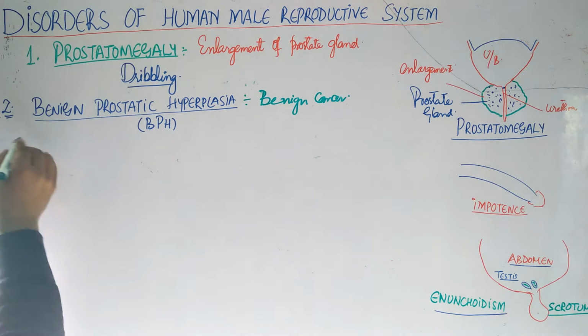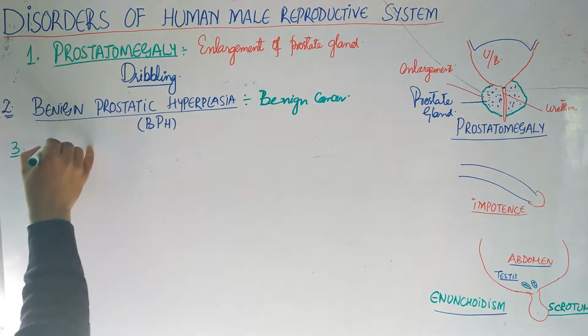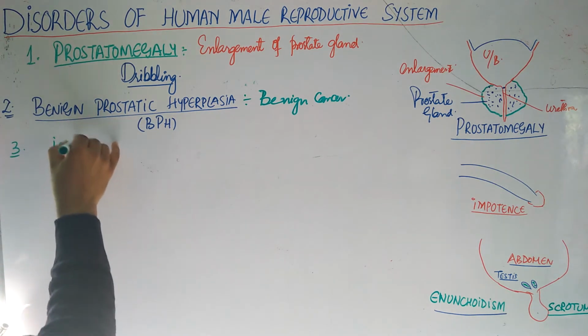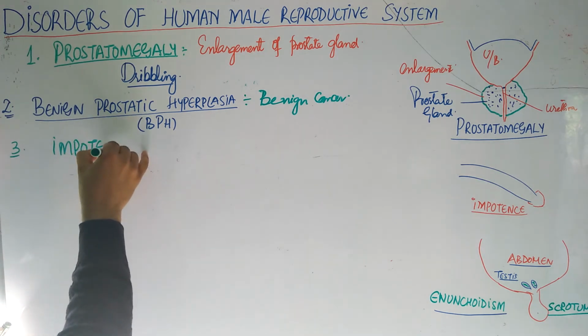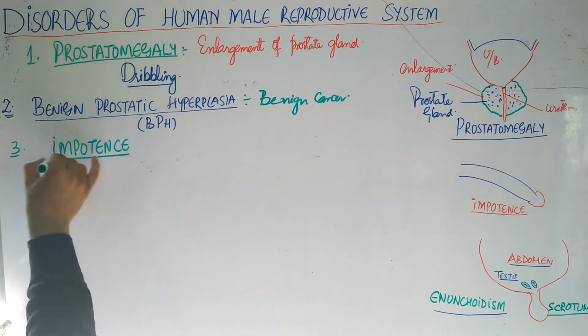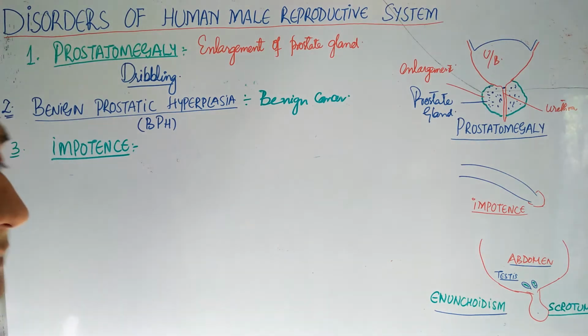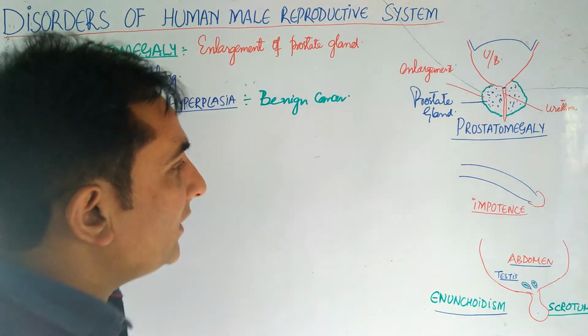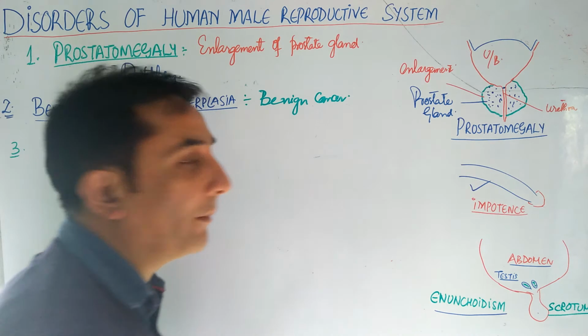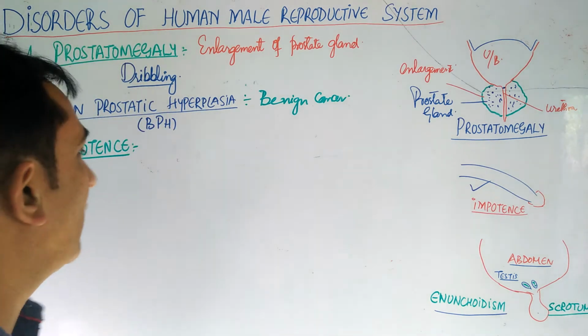Now another disorder is impotence. Impotence is the inability to maintain the erection of the penis long enough to engage in sexual intercourse.